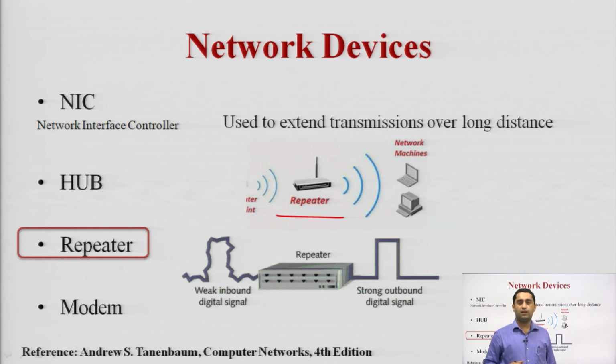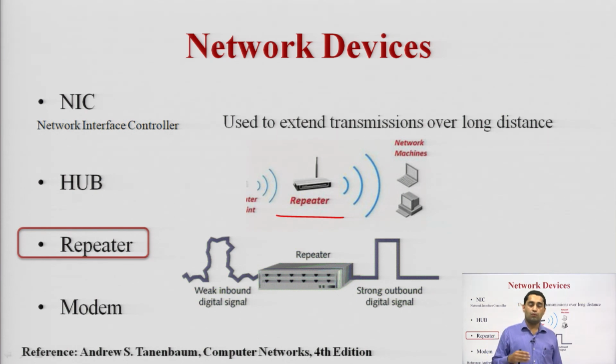If I am sending some data to a computer which is 1 kilometer away from my system, and I am sending the data through a cable, each cable has its own capability. Suppose I am talking about twisted pair. The range is approximately 200 meters. After every 200 meters, there is a requirement of one device which restores the signal.